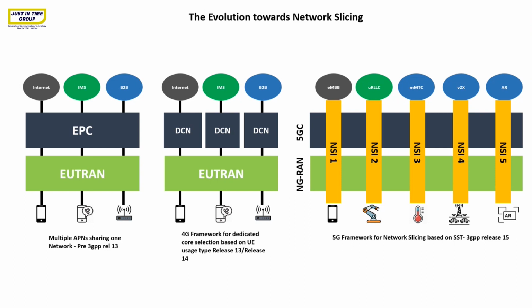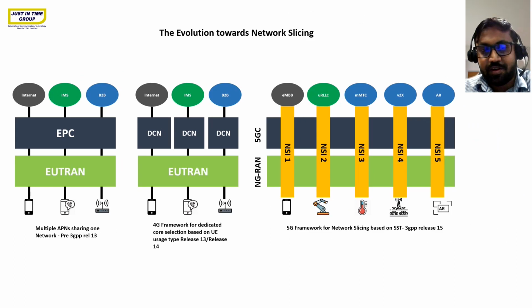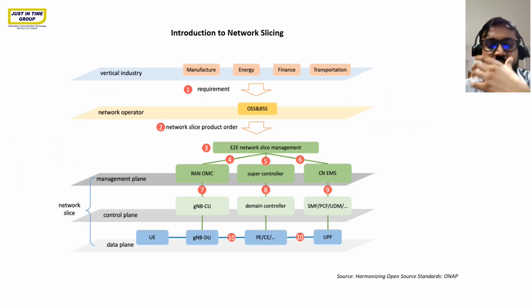We will go through those things in detail because there are a lot of technical terms associated with network slicing. I will explain them one by one in the upcoming slides. So the idea here is to be able to connect to multiple logical networks through a telecom network and share those resources. So this is a high-level overview.